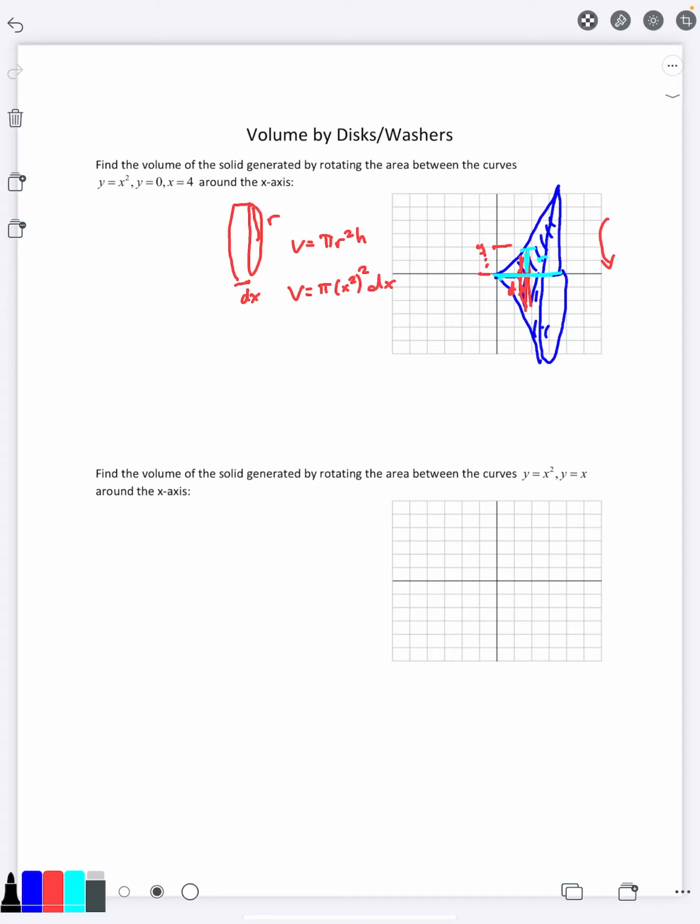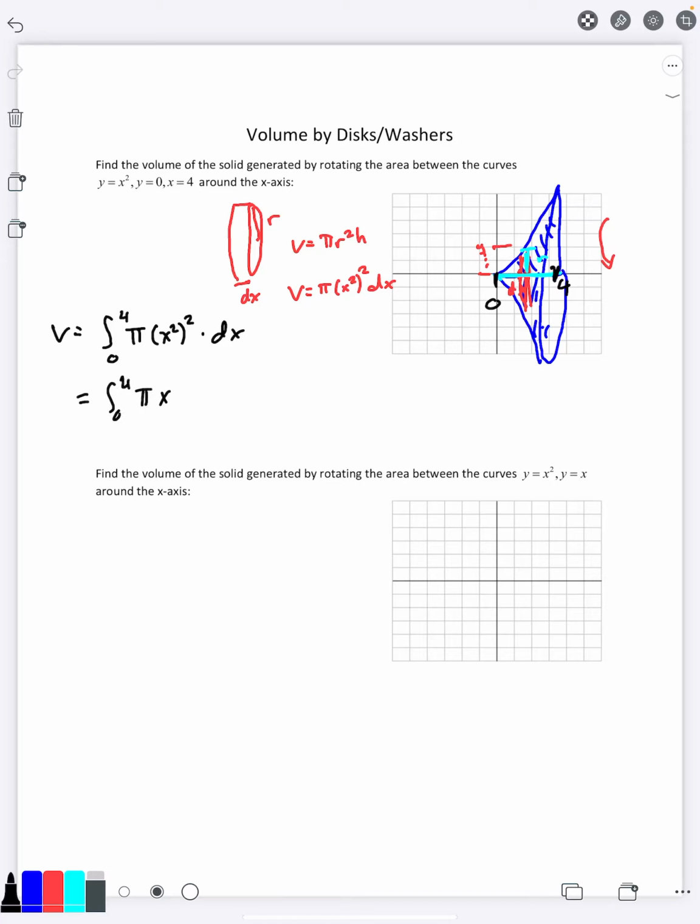Now, by cross-sectional rules, we're then going to integrate this for my volume. Based on this shape here, my x starts at 0 and goes to 4. And it's pi r squared h, so pi r squared, and then my h is dx here.